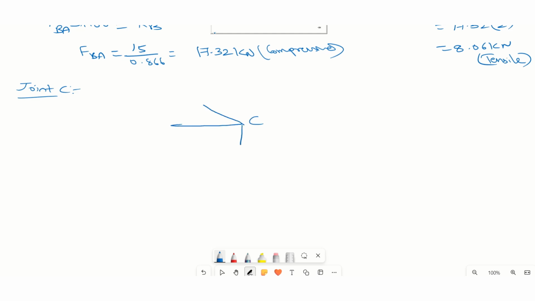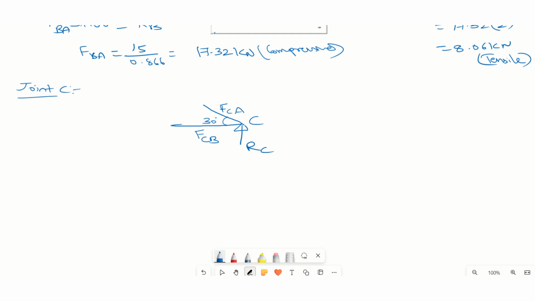This is joint C. At point C, RC will be there, the angle of 30 degrees is given, and this is FCA, and this is FCB, equal to FBC.